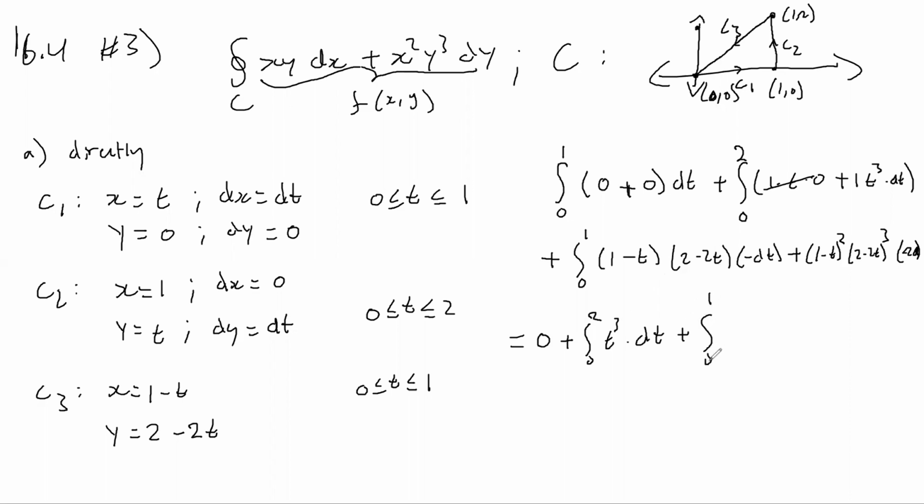Let me split this up into two different integrals. I can use this as the integral of (1 minus t) times (2 minus 2t) dt plus the integral from 0 to 1 of (1 minus t) squared and (2 minus 2t) cubed. Let me just shift this over.